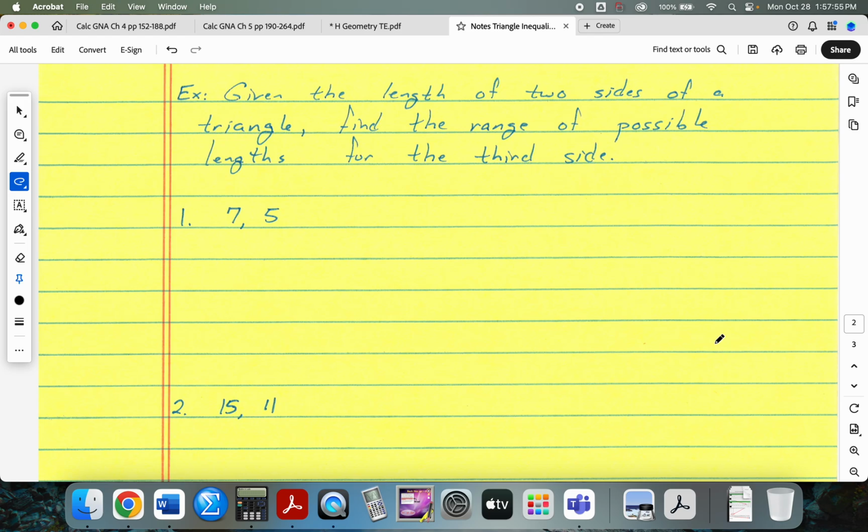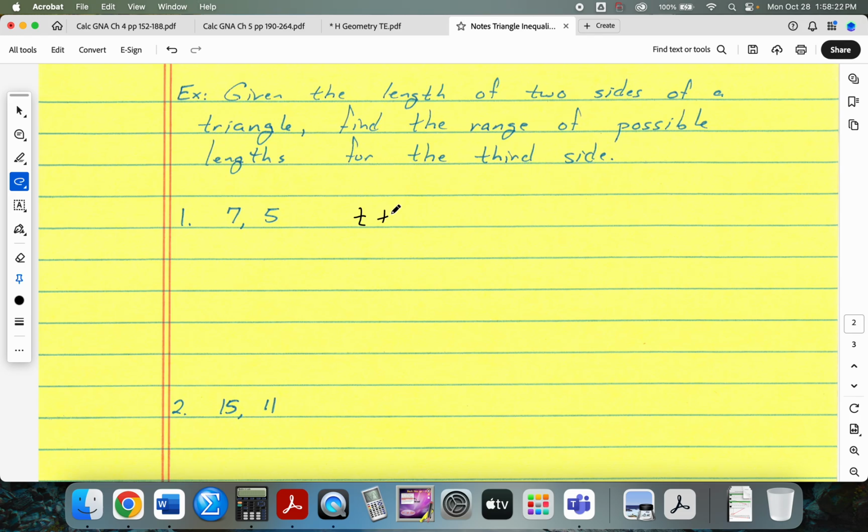Now, there are two possibilities. The first possibility is that the third side is one of the two short sides. So one possibility is that the third side, I'll call it T, for the third side, is one of the two short sides. What's the other short side if T is one of the two short sides? 5.